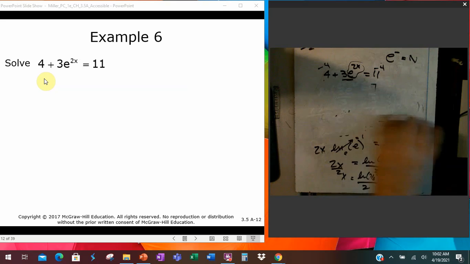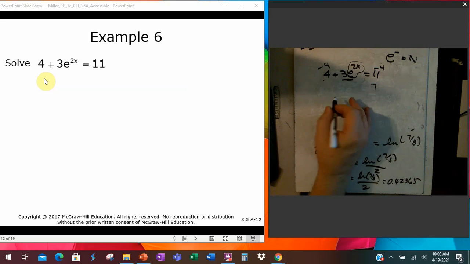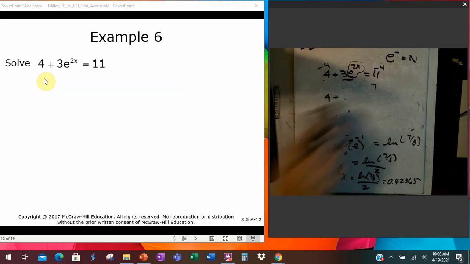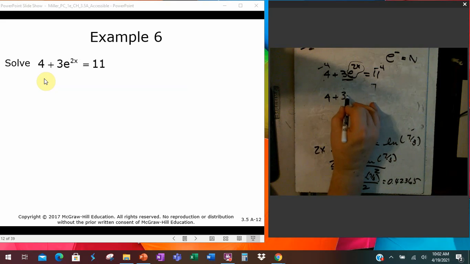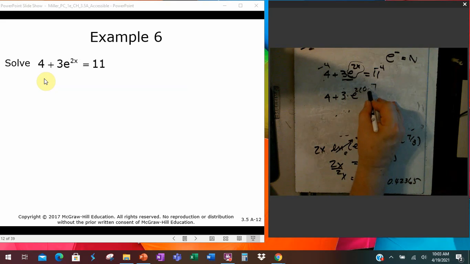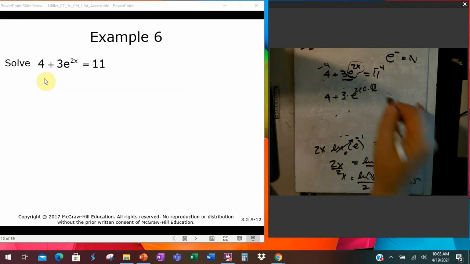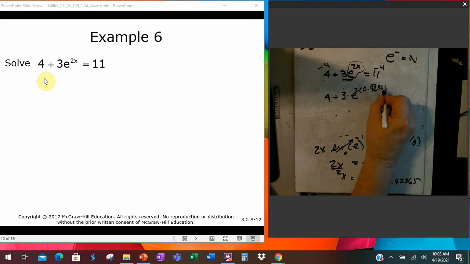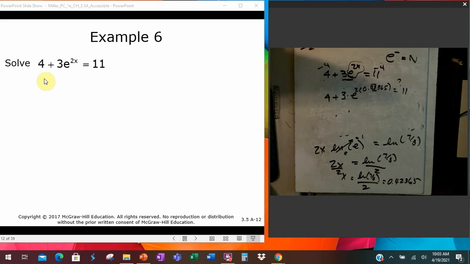I'm going to go all the way back up to here, and then I'm just going to check this. 4 plus 3 times e to the 2 times the 0.42365. Does that equal 11, our original problem?